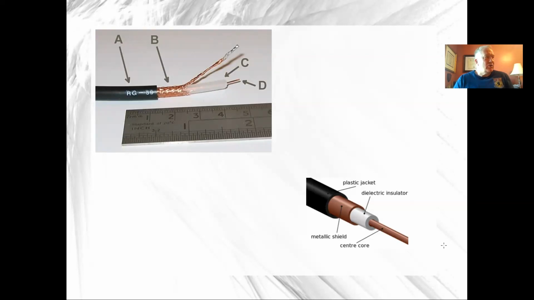Things like your cable TV use coaxial cables. There's a conductor in the center, and then a braid of usually copper if it's a good quality coaxial cable. And these become your 2 conductors.